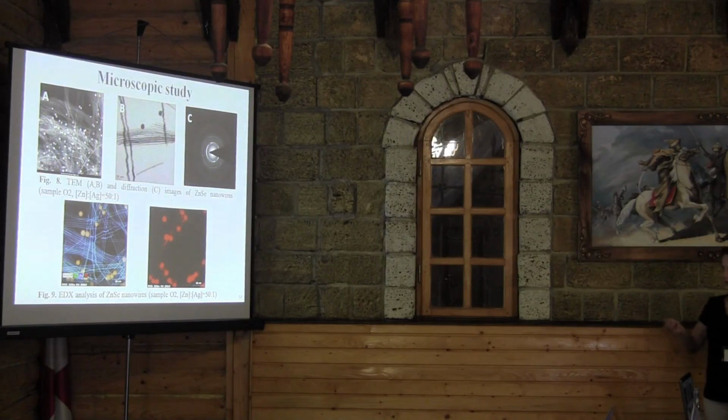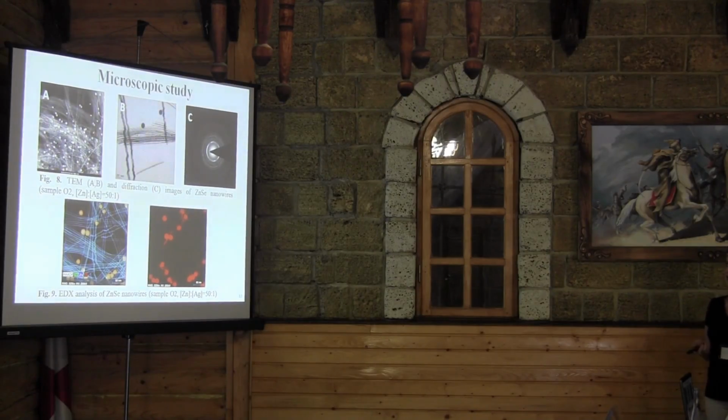Yes, we have, but in this presentation I have not. I know that these nanowires are zinc selenide doped with silver because, for example, we have the spectrum of silver selenide and pure zinc selenide nanoparticles. And can you remind me again what was the reason for silver doping? The absorption of these nanoparticles is higher than in the pure zinc selenide.